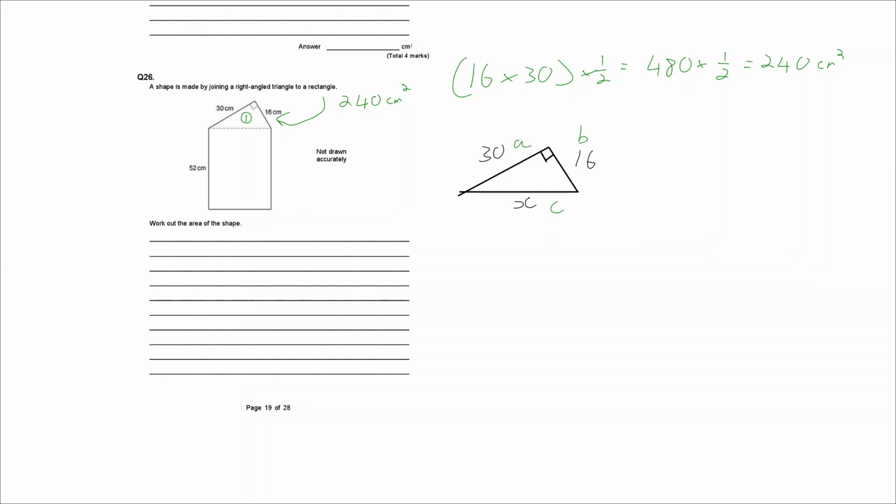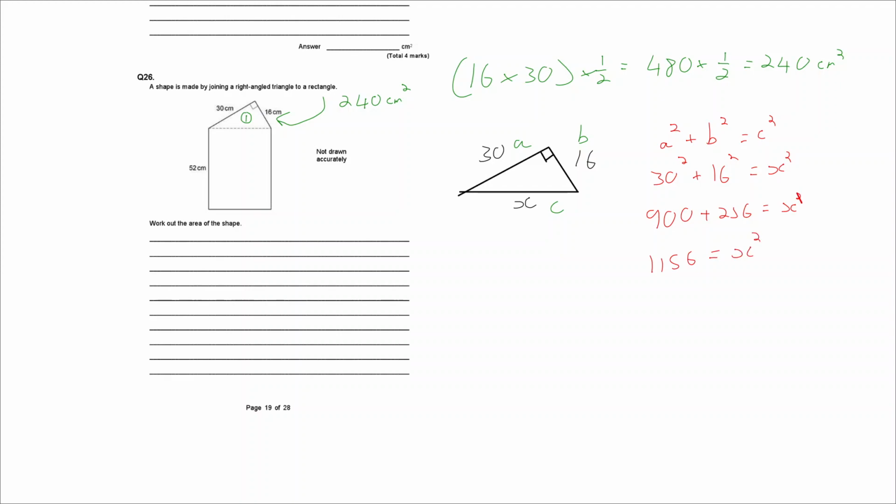And again, always write out your Pythagoras formula: a squared plus b squared gives you c squared. Well, a for us is 30, so 30 squared plus b squared, which is 16 squared, is equal to c, which is x squared. So I've got 900 add 256 gives me x squared. If I add those together, that's 1156 is equal to x squared.